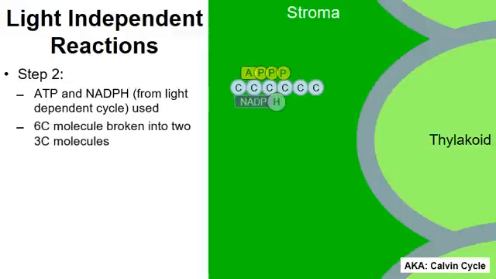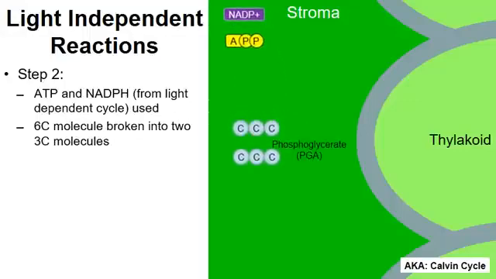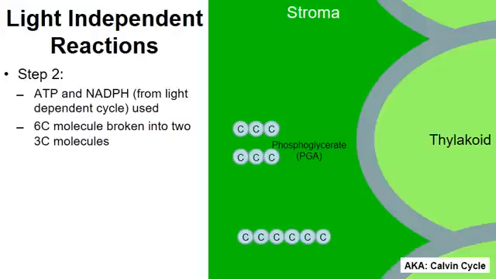When the energy is released, that 6-carbon molecule is broken down into 2 molecules called phosphoglycerate. Each PGA, or phosphoglycerate, is 3 carbons in size. And by the way, the NADP and the ADP that are left over will be reused and recycled in the next light-dependent reaction.